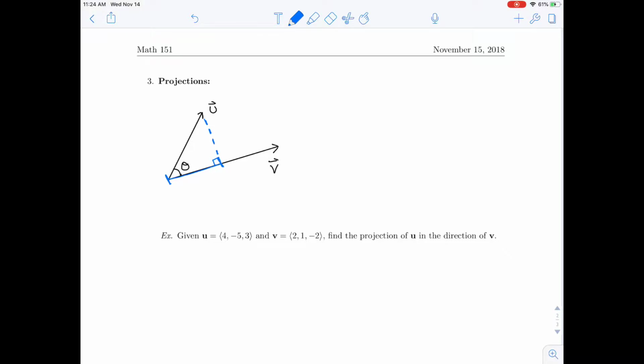And we're going to refer to that as the component of u in the v direction.